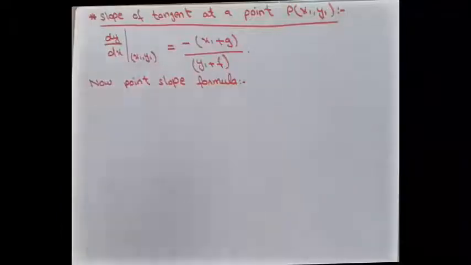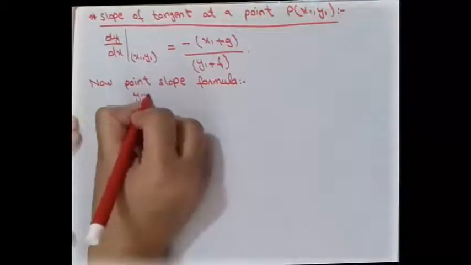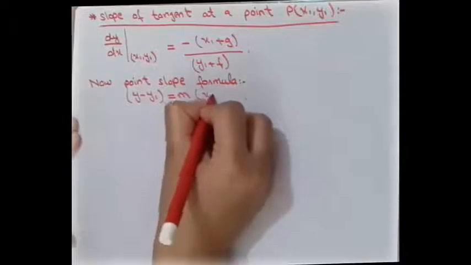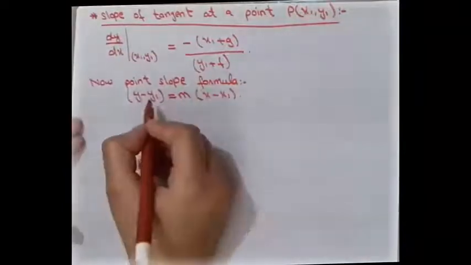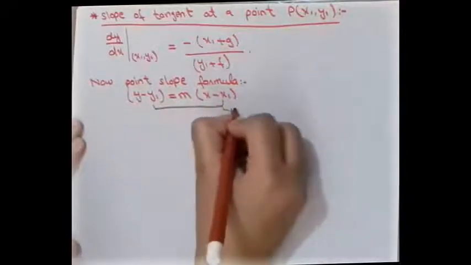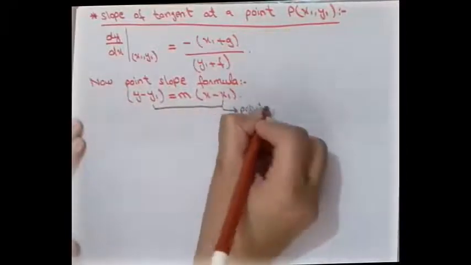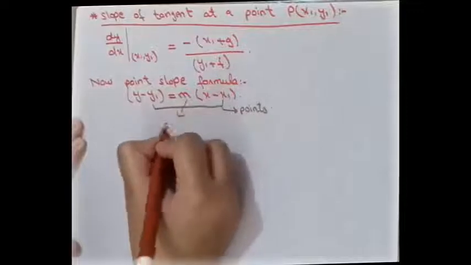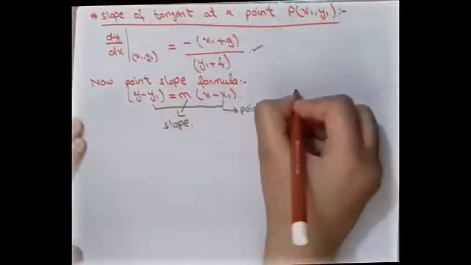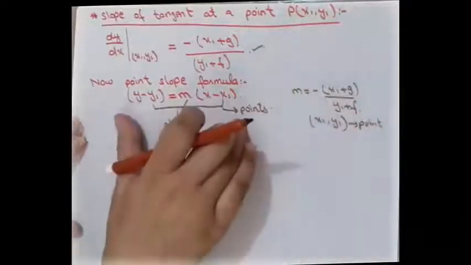The point-slope formula says that y minus y1 equals m times x minus x1. Here x1 and y1 are the point which is given, and m is the slope that we found here at these two points.